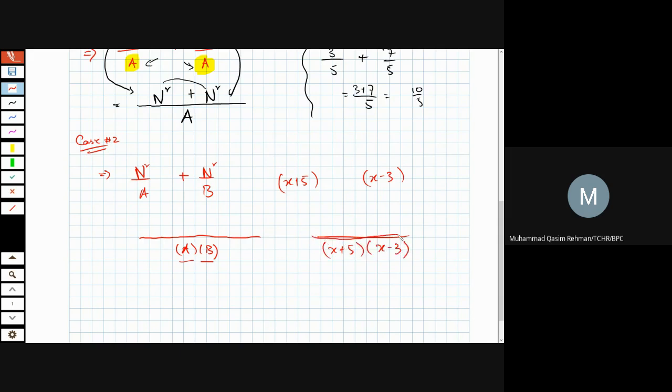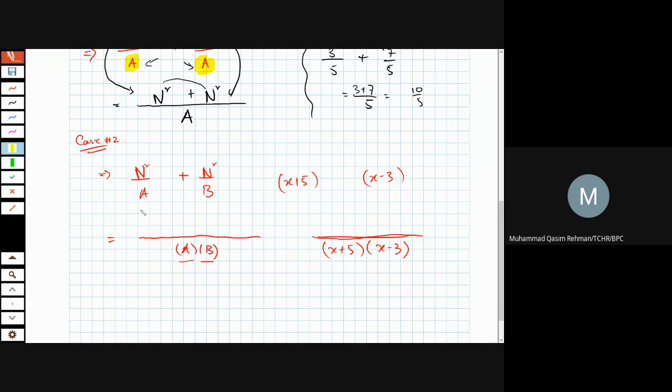Now this is what I'm trying to explain here. You will keep them in the product form. Do not expand this. Do not multiply it. Leave it in factor form. This is how you will be taking an LCM. Now, what are we going to do in the numerator of this solution? Focus here.